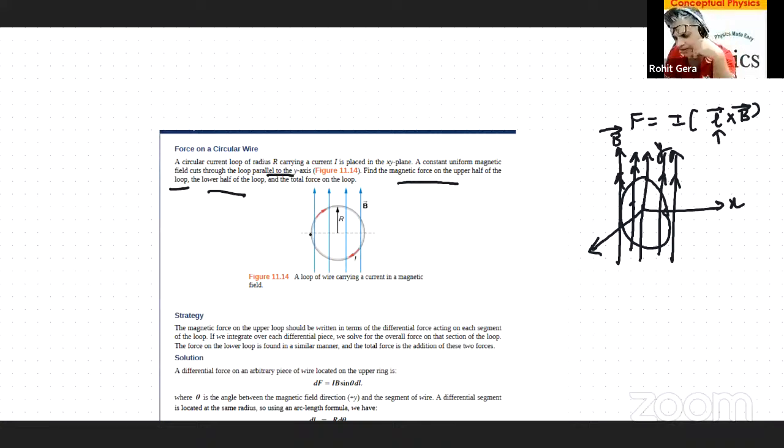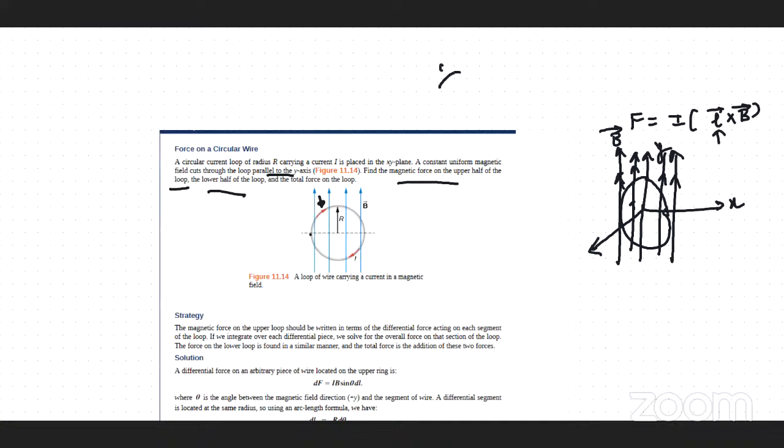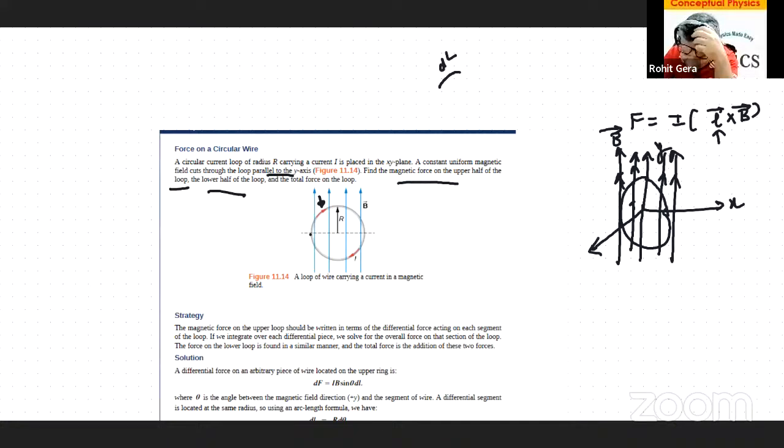So first of all, see from logic, if you consider a very small part of this length, dl, then you have to draw a tangent to the dl, because now you can't apply length directly.